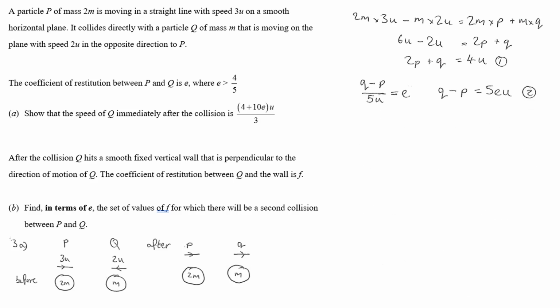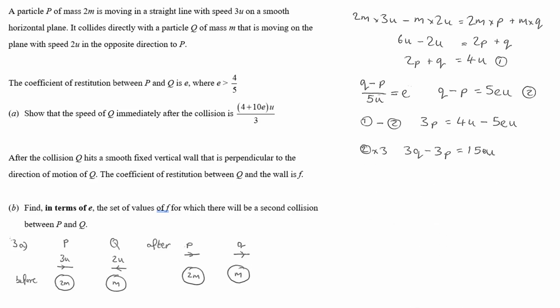Did Newton's equation, q minus p over, that's the speed of separation, and the speed of approach is 5u, and rearranged it and called it equation 2. And then I did equation 1, take away equation 2, which meant the q's got cancelled.